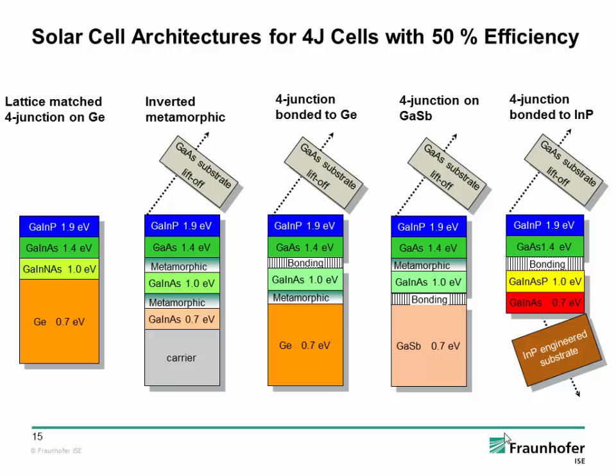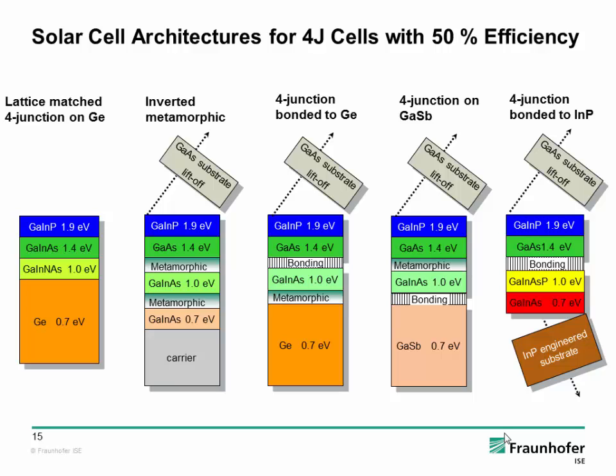What we are doing here is we develop in our laboratory different solar cell architectures, as we call them. All these solar cell architectures displayed here have the potential to really achieve 50% conversion efficiency in reality. I don't have the time to go into this during the talk because there are too many details, but I just want to mention one approach, which we call a lattice-matched 4-junction solar cell grown on a germanium substrate.